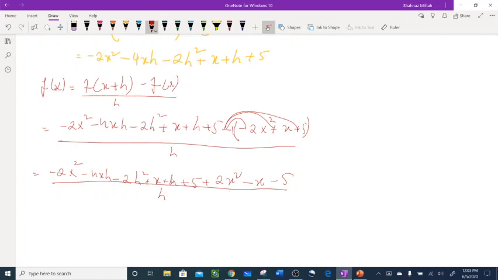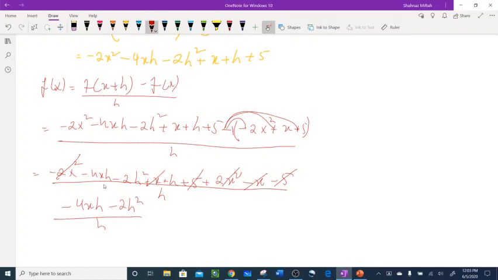Now, do I have any like terms here? Yes, we do. 2x squared and negative 2x squared, so they cancel out. I have x and negative x. They cancel out. I have 5 and negative 5. They cancel out. So I'm left with negative 4xh minus 2h squared over h. Okay, this is everything left.